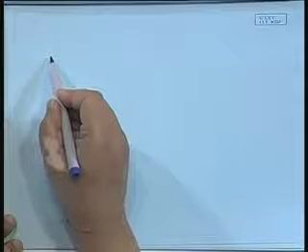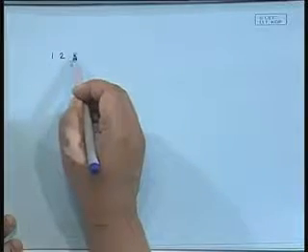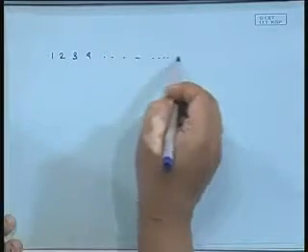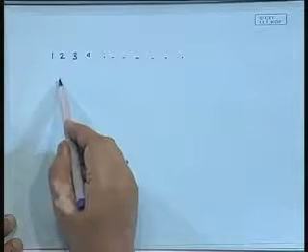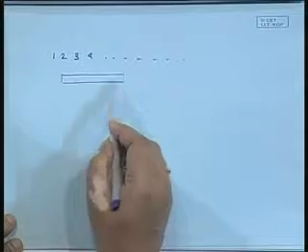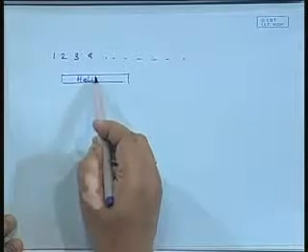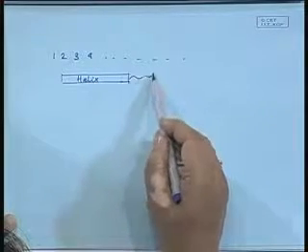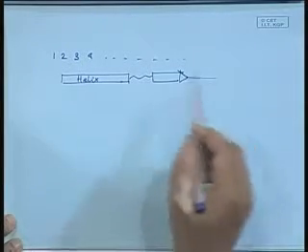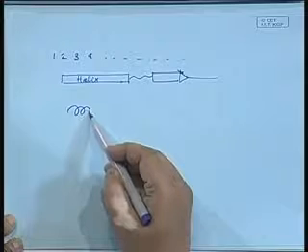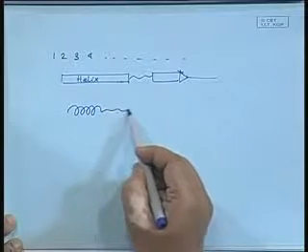So, I now have my sequence 1, 2, 3, 4 and so on. What can I say? I can say that I have a helix here, I have say a turn here, and then I have a sheet here or something like that. So, I can say basically it should be more like this.